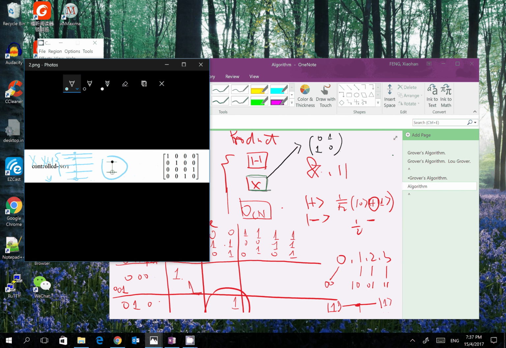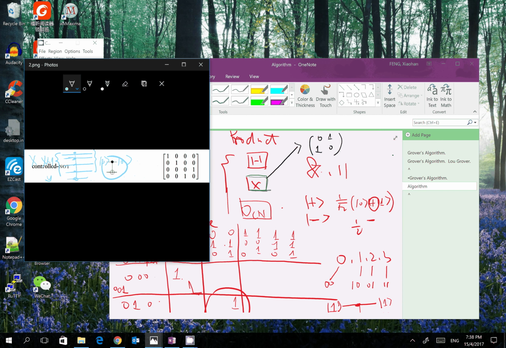Also, I would like to mention that the x state will remain the same as the input. For example, if you have 0 state here, the output will be 0 state.